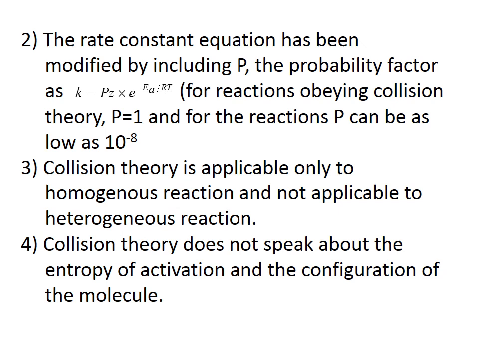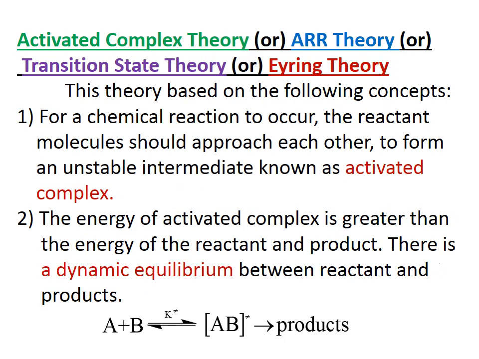The collision theory is applicable only to homogeneous reactions and not applicable to heterogeneous reactions. The collision theory does not speak about the entropy of activation as well as the configuration of a molecule. These are the important limitations of the theory.